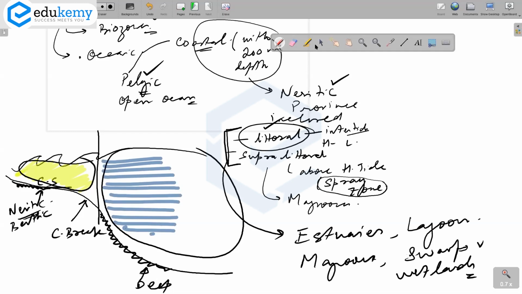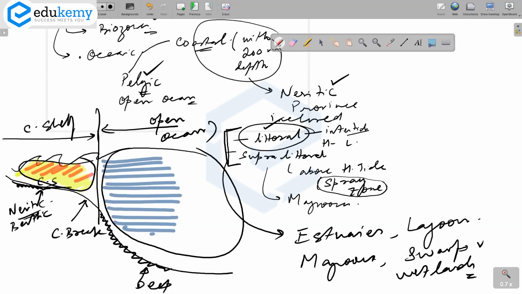Otherwise, this water is called neritic water, the water of the continental shelf. And this is the open ocean. You can have a neritic floor as well as neritic water.